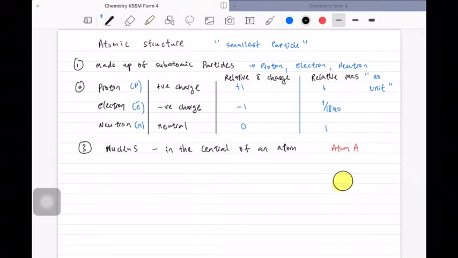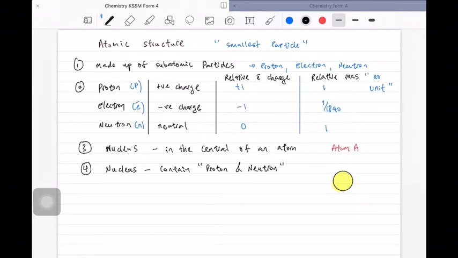And in the nucleus, one very important thing is nucleus contains proton and also neutron.